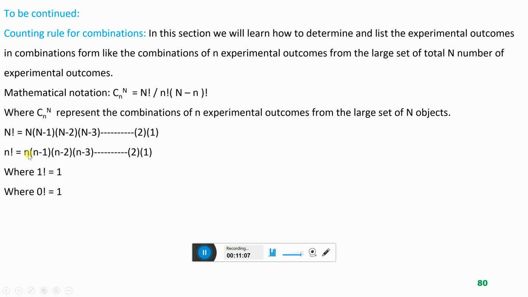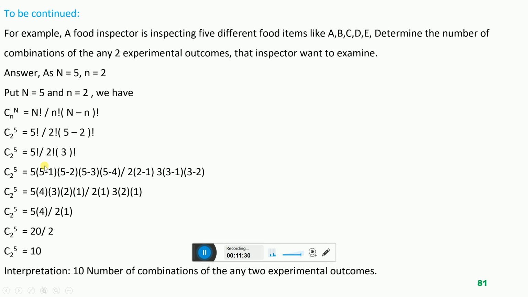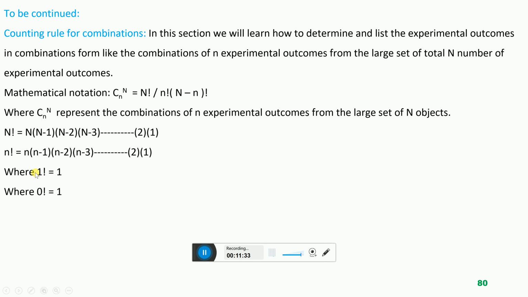In the same way we can expand the small n factorial as well: n multiplied by (n minus 1) multiplied by (n minus 2) multiplied by (n minus 3) and so on to 1, where 1 factorial is always equal to 1 and 0 factorial is also always equal to 1. Keep in mind that 1 factorial is equal to 1 and 0 factorial is also equal to 1.